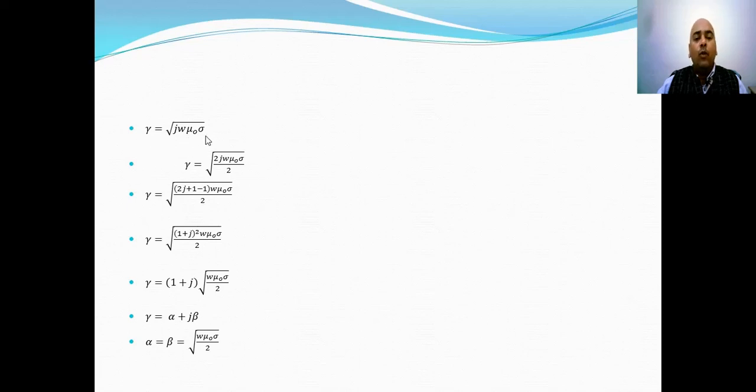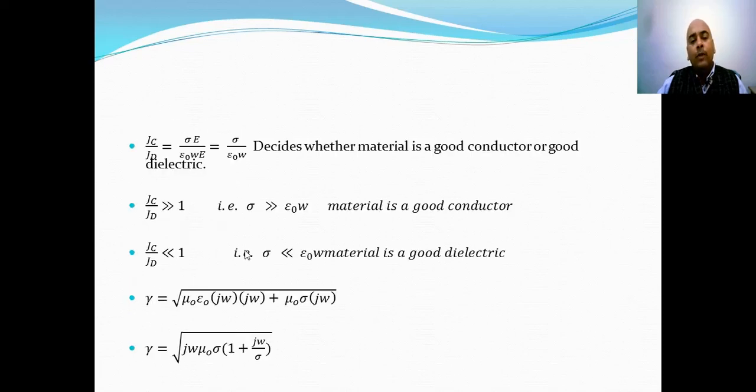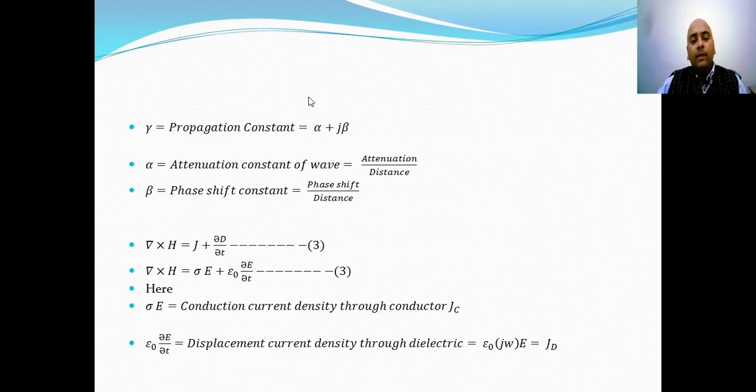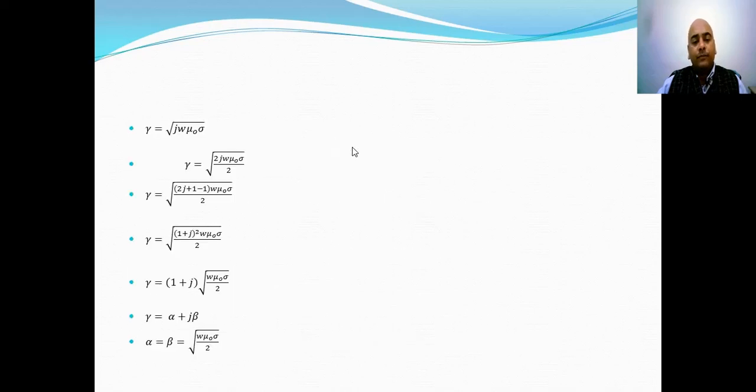From this value of propagation constant, we want to find the value of alpha and the value of beta, that is, the attenuation constant as well as the phase shift constant of the wave. So in order to derive alpha and beta from this gamma, we are rearranging this equation.